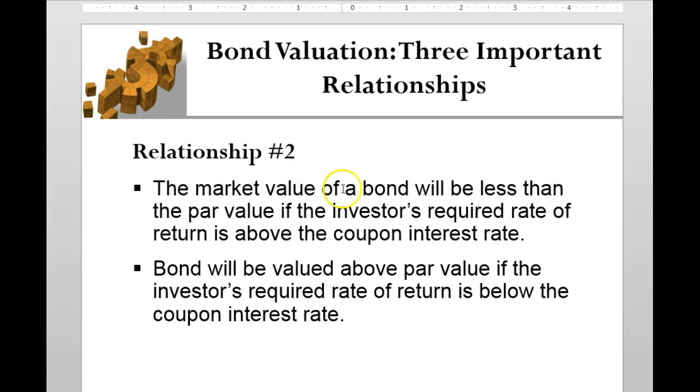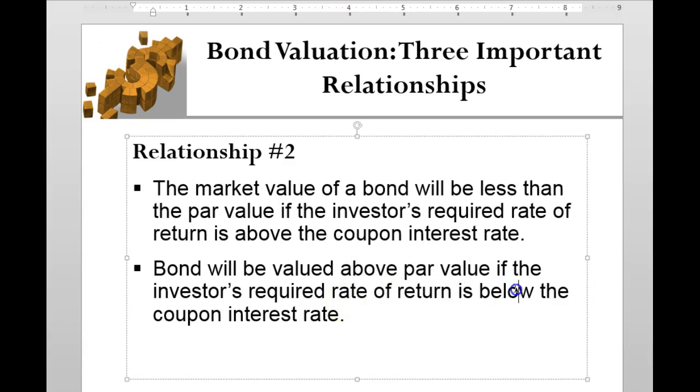2, the market value of the bond will be less than the par value if the investor's required rate of return is above the coupon rate. The bond will be valued above par if the investor's required rate is below the coupon rate. This is where you come up with a bond sold at a premium above par or at a discount below par.